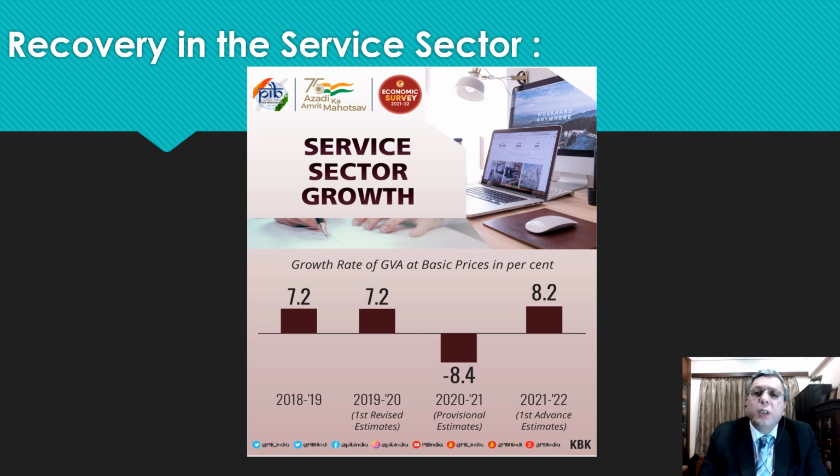But the good news is there has been a sharp recovery already happening despite the second wave, despite the third wave of Omicron striking the economy. We have seen sharp recoveries coming through.